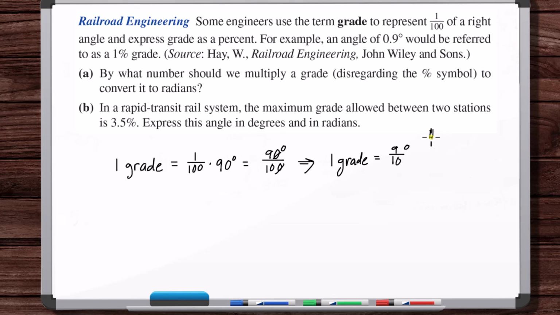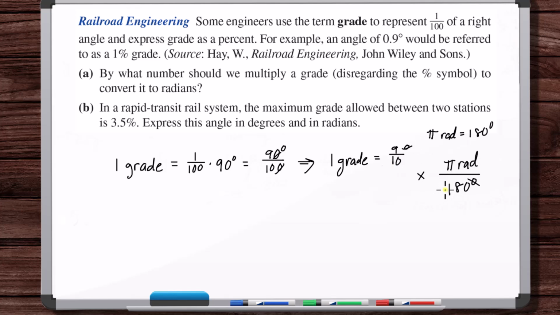So pi radians is 180 degrees. So you multiply by pi radians for every 180 degrees, so the degrees cancel out, and now we see that 1 grade is equal to 9 times pi over 10 times 180 radians.